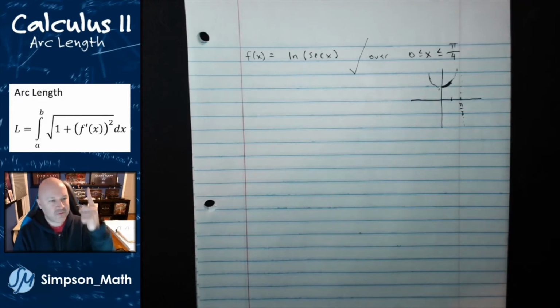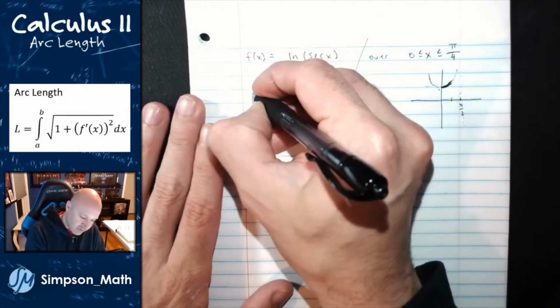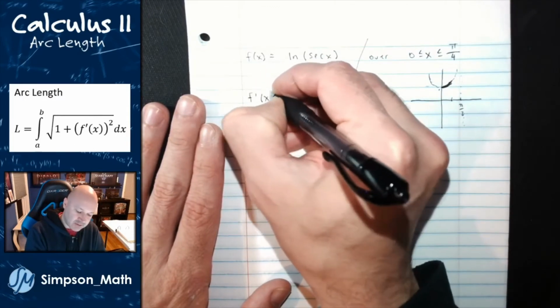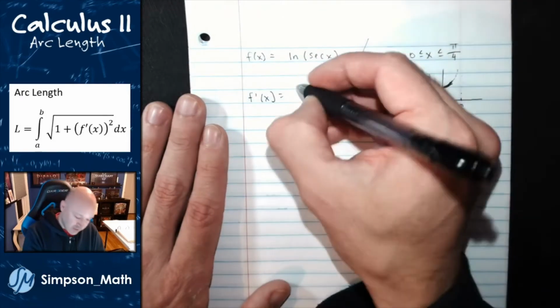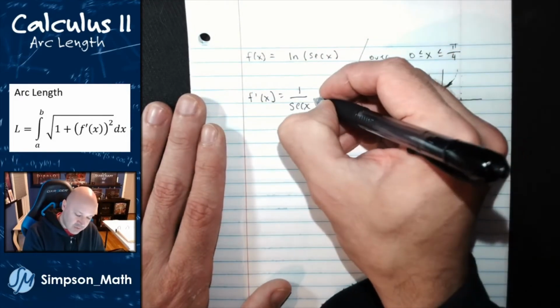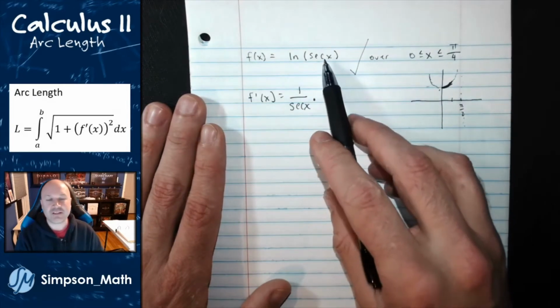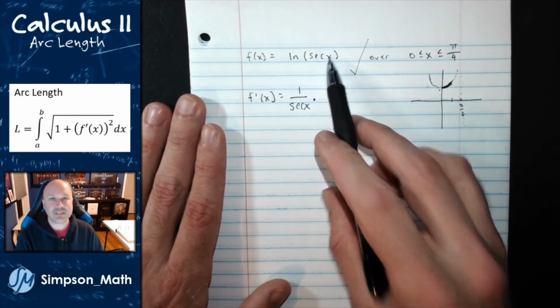Easy. There's a formula sitting right above me. I do need, though, the derivative, f prime of x. The natural log of something is going to be 1 over that something times the derivative of the inside. And the derivative of secant is secant tangent.